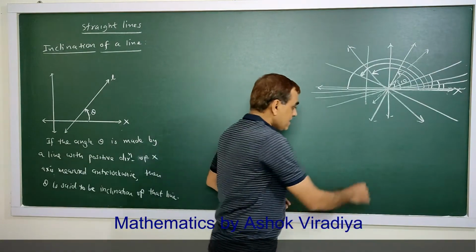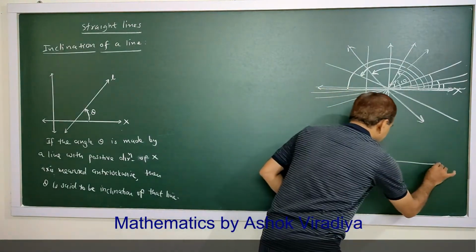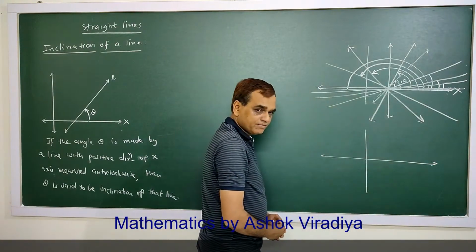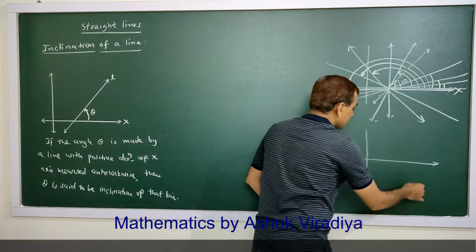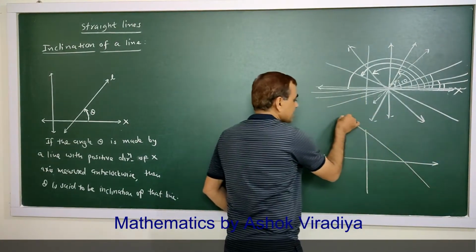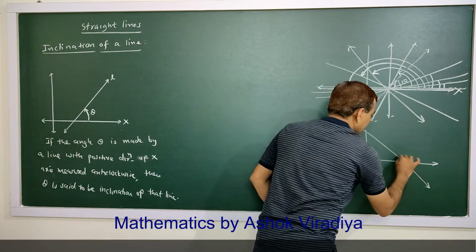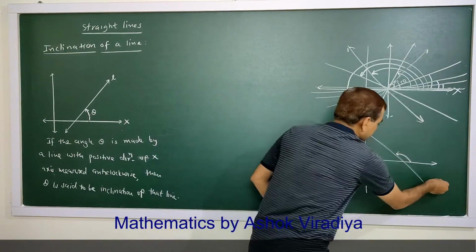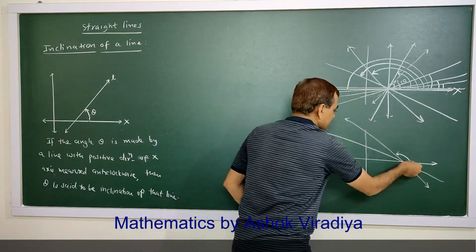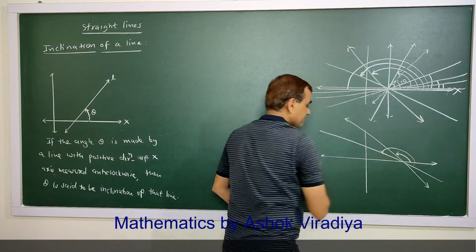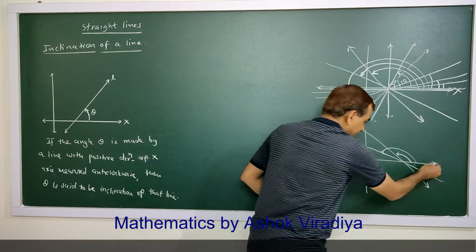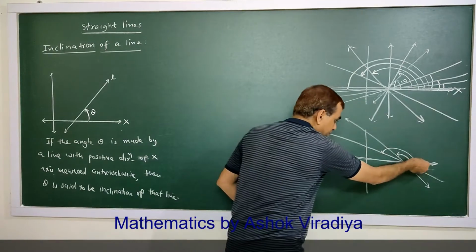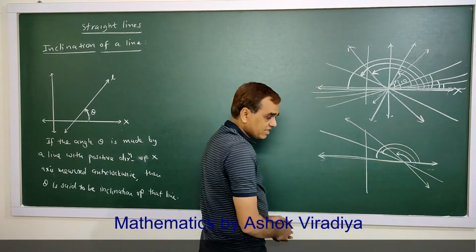But when we increase theta more than 180, see what is happening. Here, this is theta more than 90. Continuing this procedure, theta is again increasing. When it is overlapping the x-axis, theta is 180.